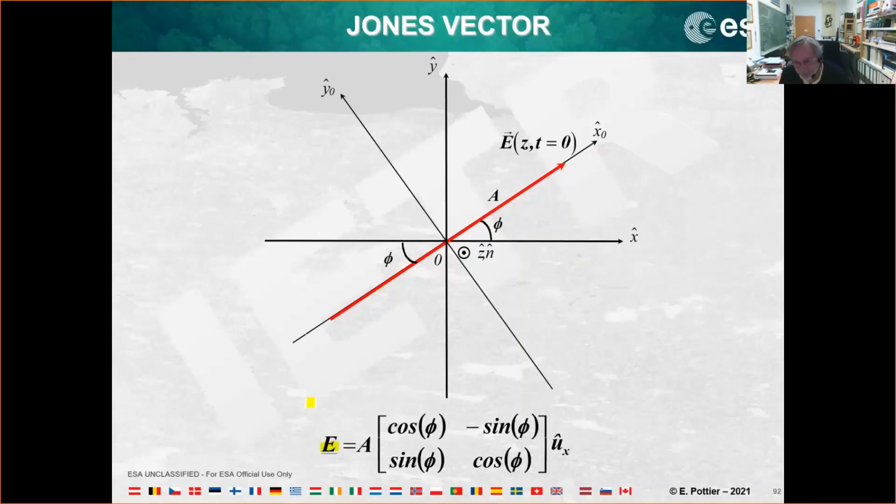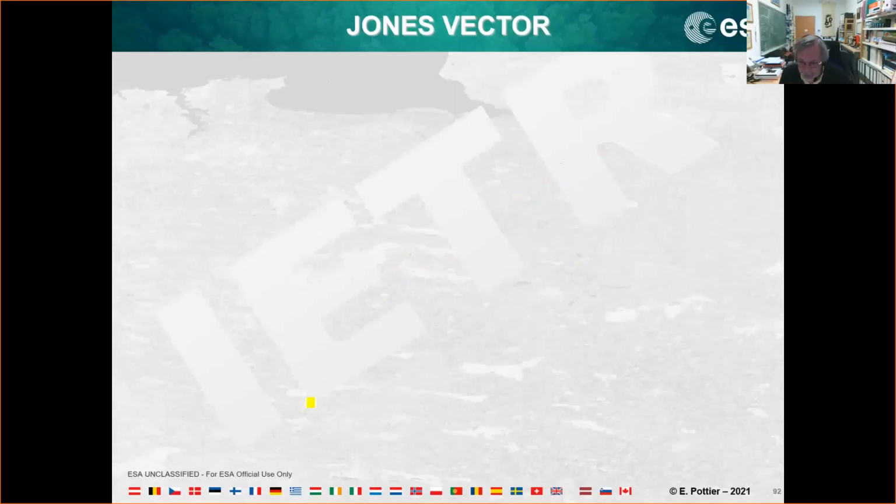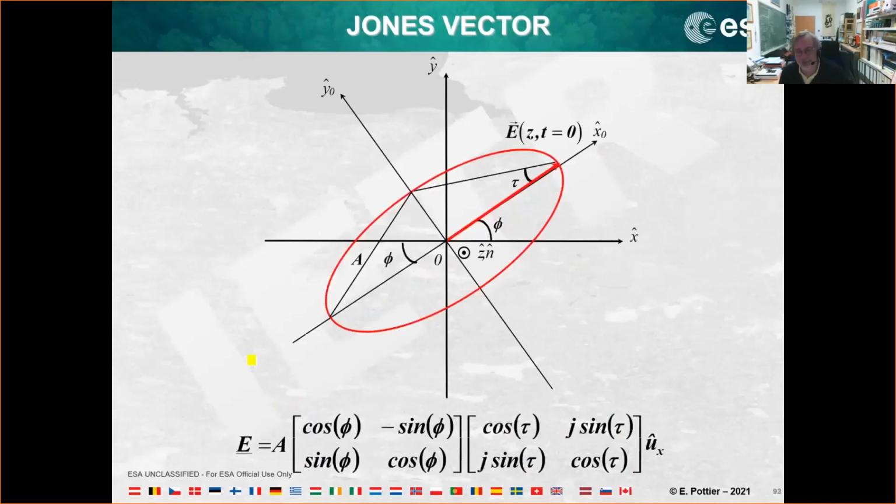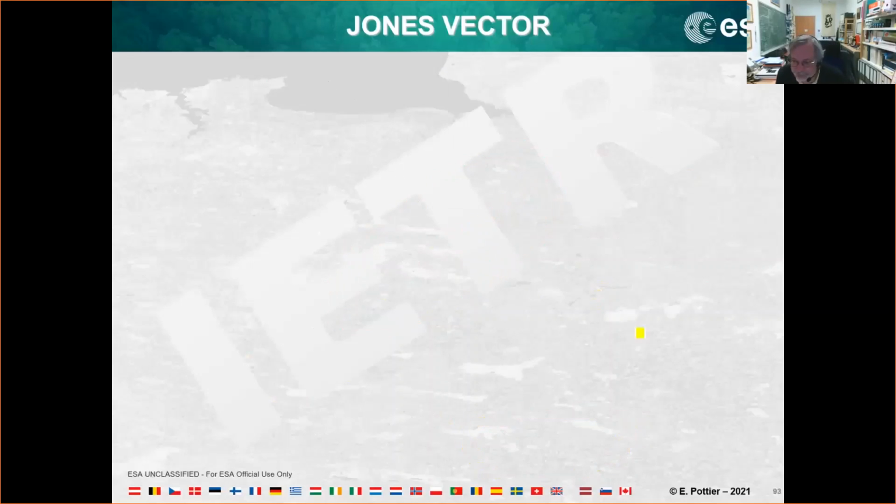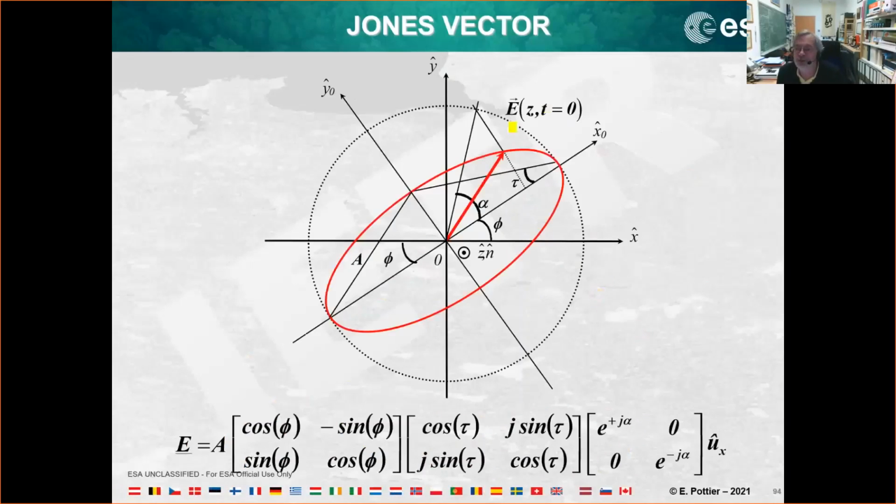The next rotation will be this one. You can see that this second rotation introduces the opening of the ellipse, so it introduces the ellipticity. And the last rotation introduces the position of the electric field at time equals 0 and z equals 0, using the last matrix.